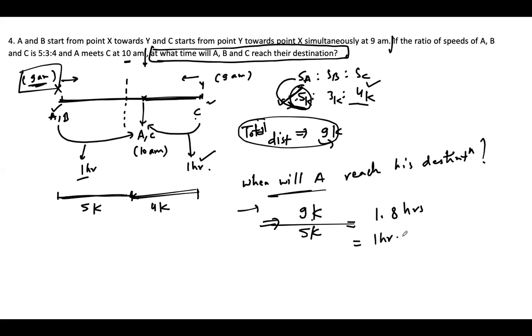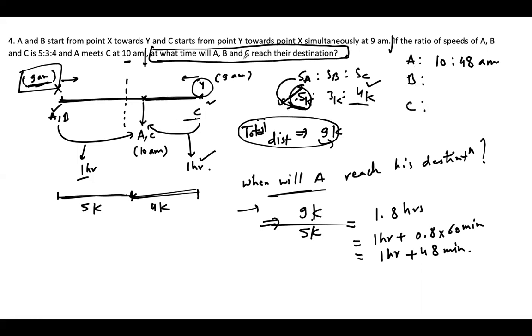So 1 hour plus 0.8 hour. 0.8 hours into 60 gives 48 minutes. So A will reach in 1 hour 48 minutes. That means with respect to 9 a.m., the time would be 10:48. Similarly, let's find it for C, and for B you can find it out.